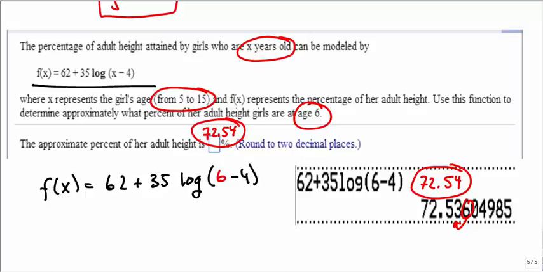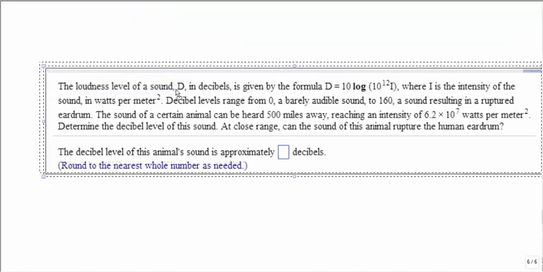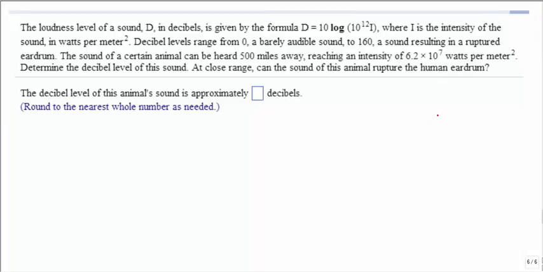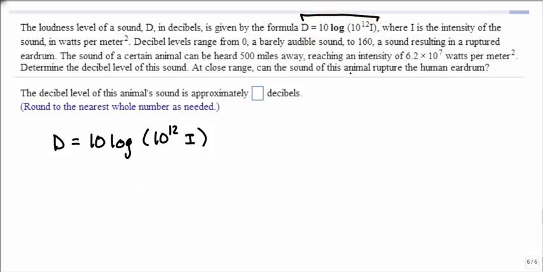Okay, the last problem that we're going to be looking at deals with decibels. Okay, so go ahead and take a minute, pause, read through the problem, and see what we have. So this is the equation that we're using right here. Let's see what everything is.